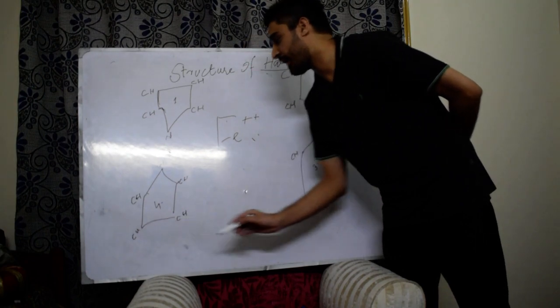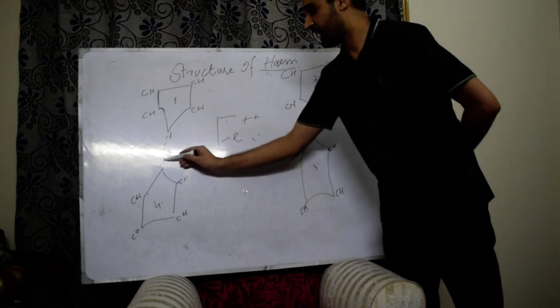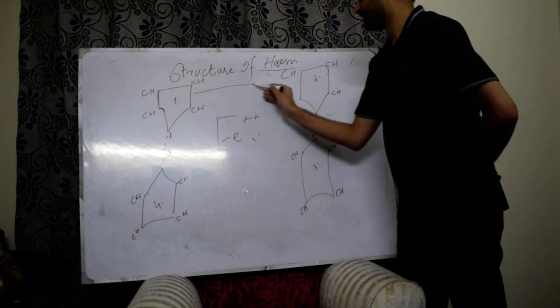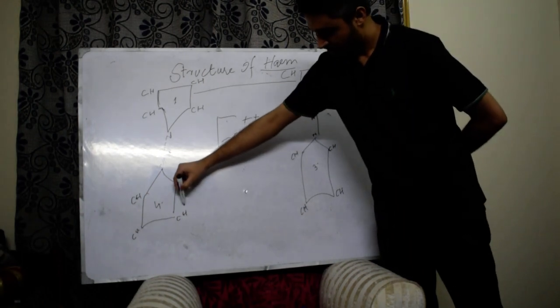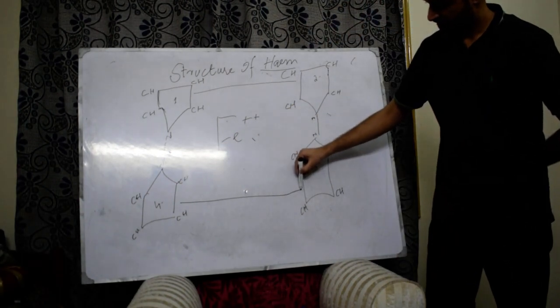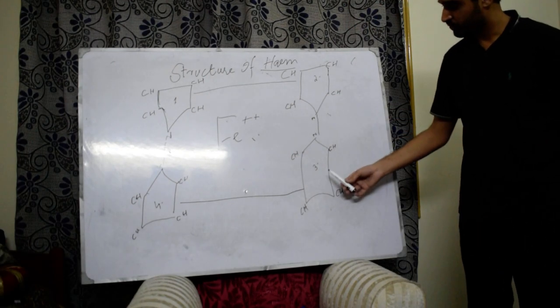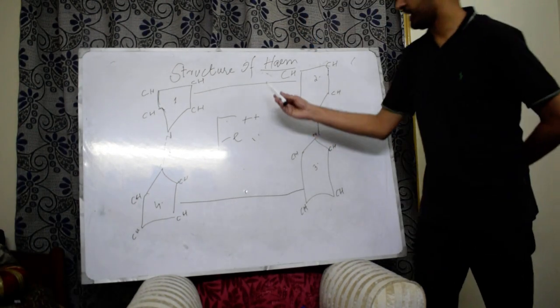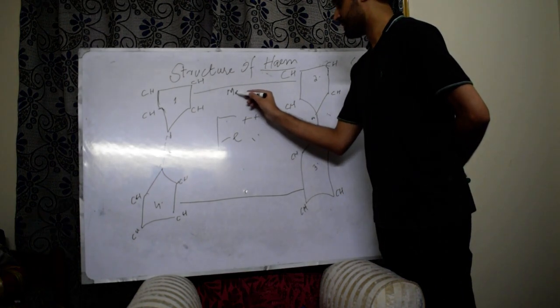These pyrrole rings are attached to one another with the help of certain bridges. For differentiation we wrote 1, 2, 3 and 4. These bridges are called methylidine bridges or methine bridges.